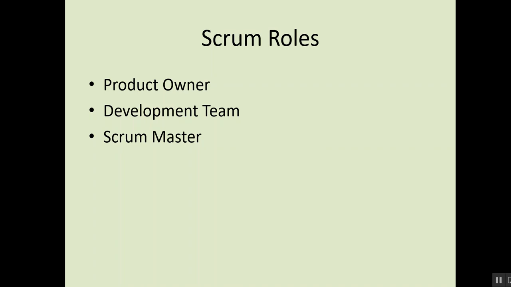The last point is the Scrum Master: who the Scrum Master is, what his functions are, and how he facilitates the Scrum team. He also talks about the various authorities of the product owner, development team, and Scrum Master, and how they participate in the different sprint meetings.